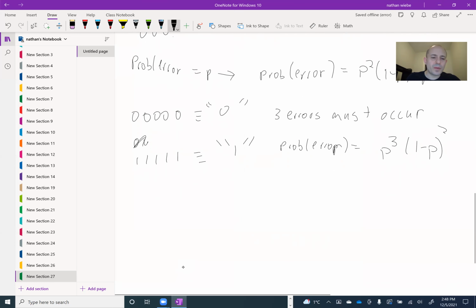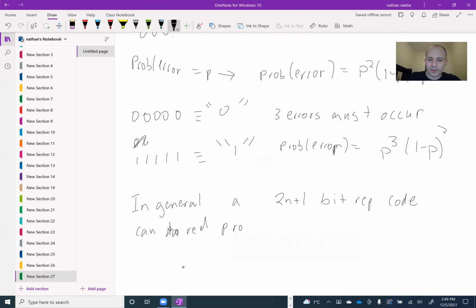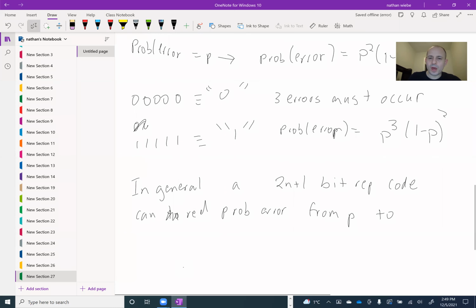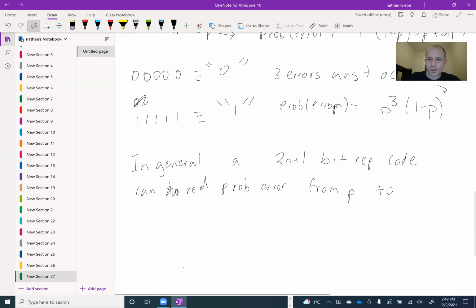So in general, a 2n plus 1 bit repetition code can reduce the probability of error from p to, what?